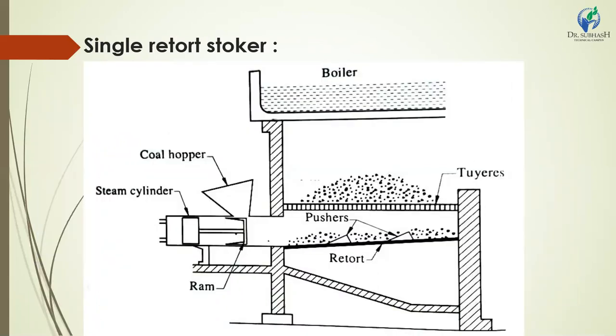Coal is fed into the cylinder by gravity from a large hopper placed in the furnace. Coal is first pushed into the bottom retort by a reciprocating ram. The retort is slightly inclined at 10 to 20 degrees with the horizontal, and pushers move coal along the length of the retort.